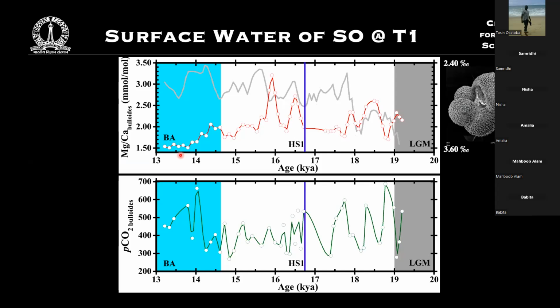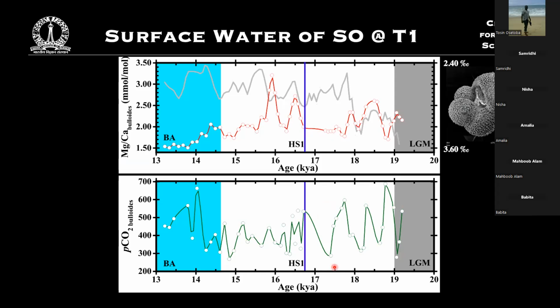Firstly, the magnesium-calcium is cooling, whereas the pCO2 values are going up. In terms of Heinrich stadial 1, we don't expect to see any large-scale cooling in the southern hemisphere, but it still remains cold. pCO2 values have gone up. And there are pulses of large CO2 excursions during the transition between 19 kiloyears to Heinrich stadial 1, which shows that the Southern Ocean has played some significant role in terms of global CO2 rise during transition 1.